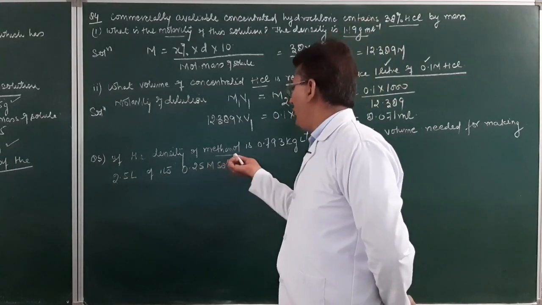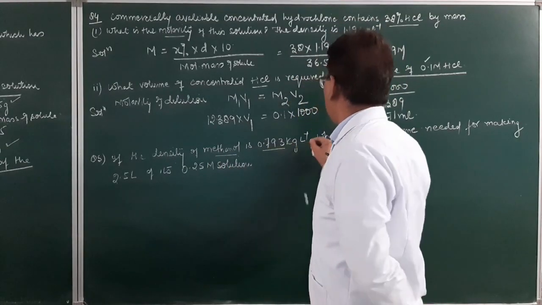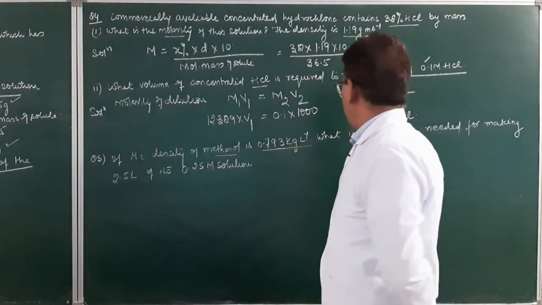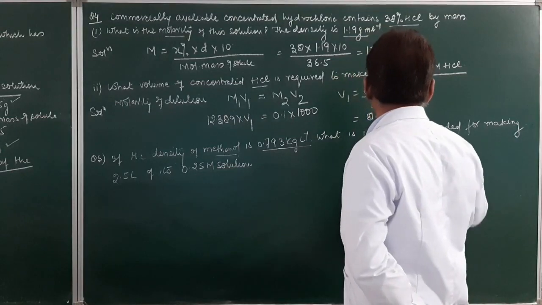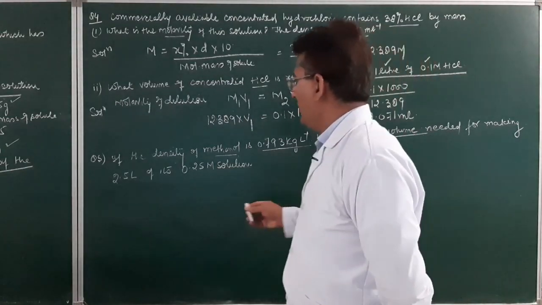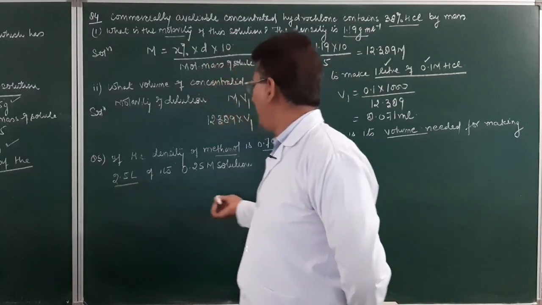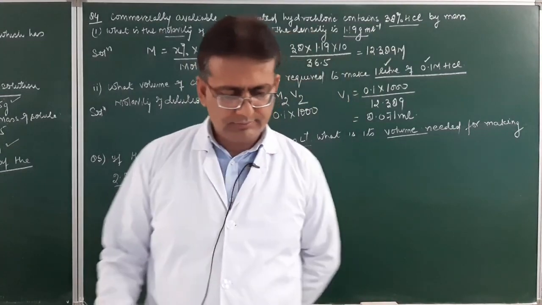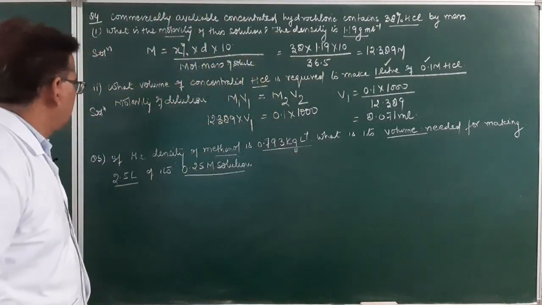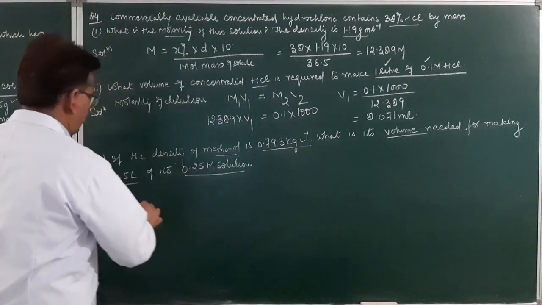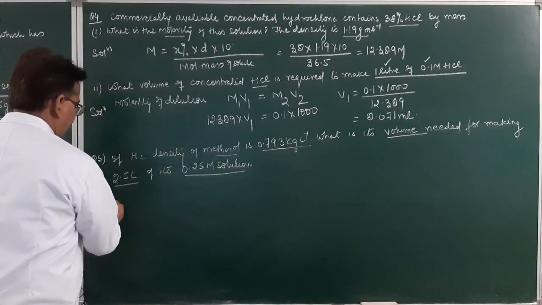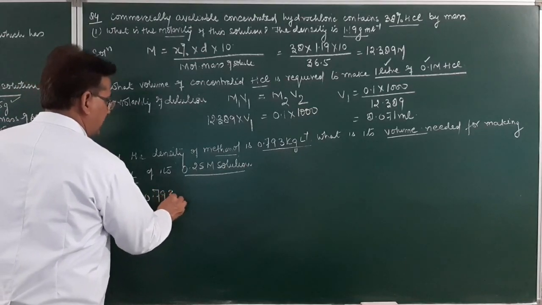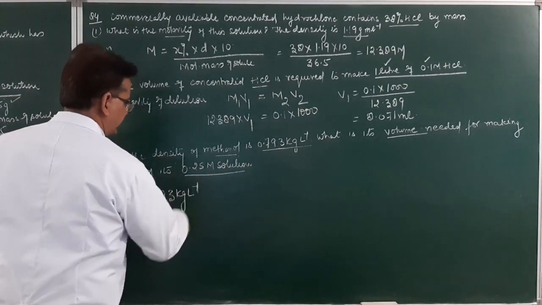If the density of methanol is 0.793 kilogram per liter, methyl alcohol density is given. What is the volume needed for making 2.5 liter of its 0.25 molar solution? The density is 0.793 kilogram per liter.